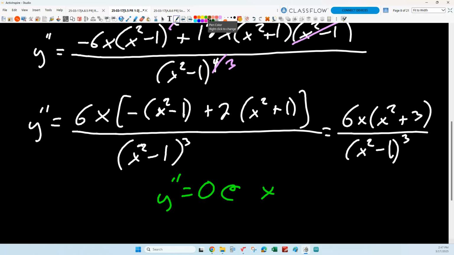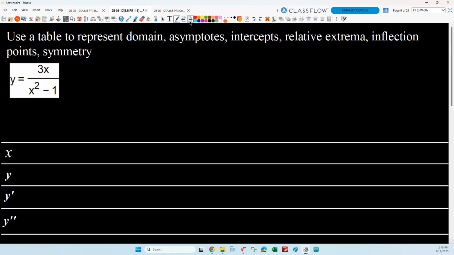Second derivative equals 0 at x equals 0. So we can make our table. And we excluded 1 and -1, right? So -1 was a vertical asymptote. 1 was a vertical asymptote.